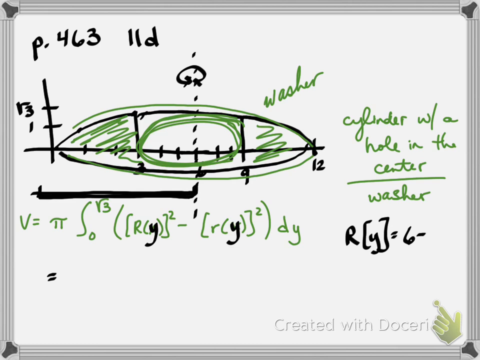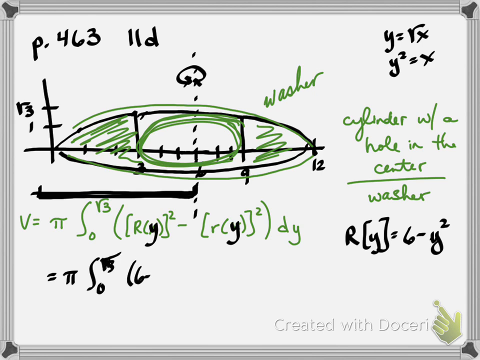The right part is the axis that we're rotating around, minus the left, which is the curve, y equals square root of x, or y squared equals x. And we're doing everything in terms of y because x equals 6 is vertical like the y-axis. So this is pi, interval 0 to square root of 3, and our outer radius is 6 minus y squared.